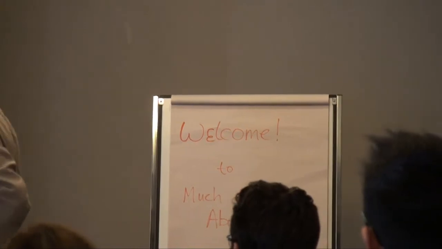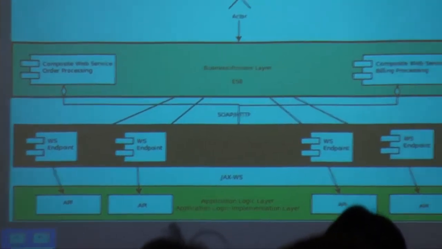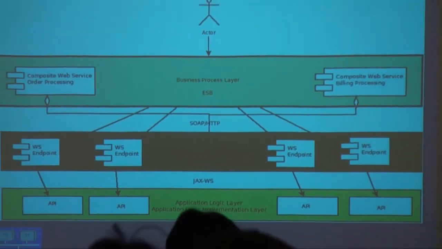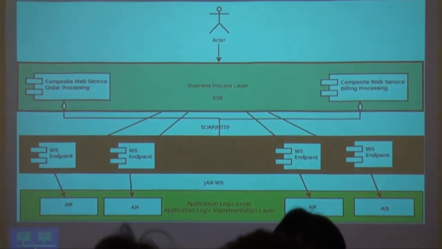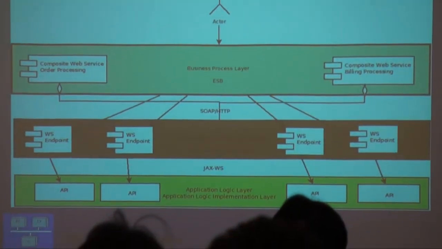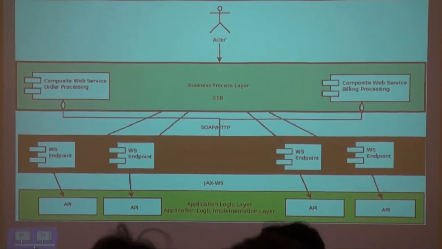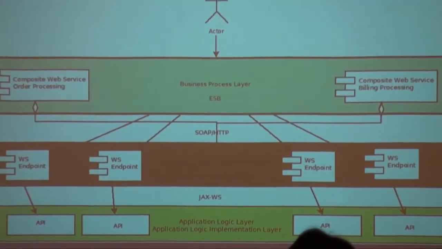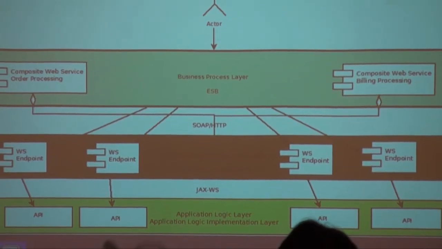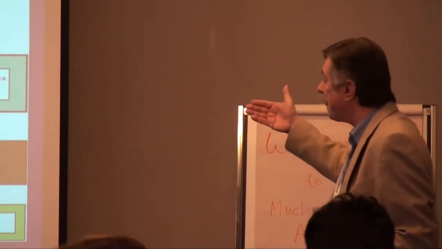This is a diagram that shows this layering, what I was talking about on the business process layer. There might be an ESB running, which handles the composite web services, or let's say in this case order processing, one composite web service for billing processing, and these things map to the components that do the business logic on the component level, which are still web services.